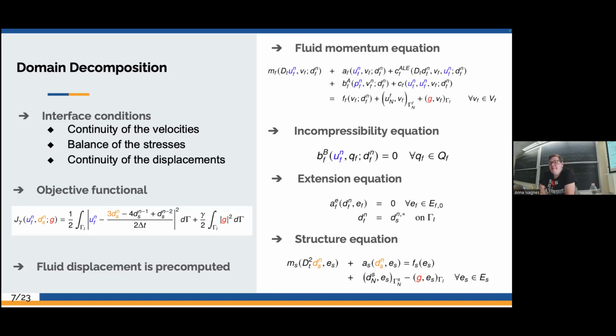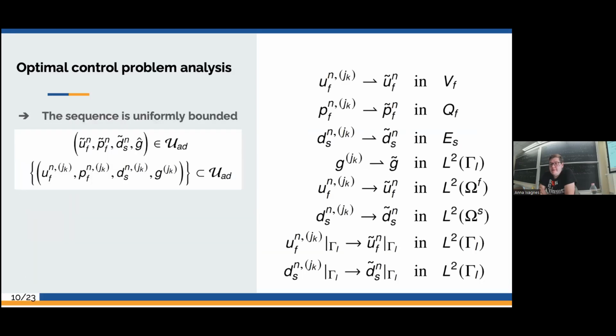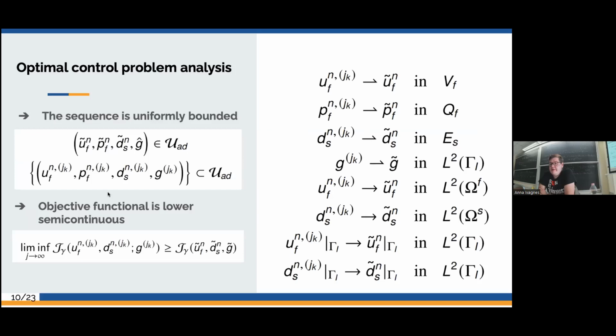I will not describe how we did this, but it's very similar to the existence analysis in the case where gamma is greater than 0, and if you want, we can discuss it later after the presentation.